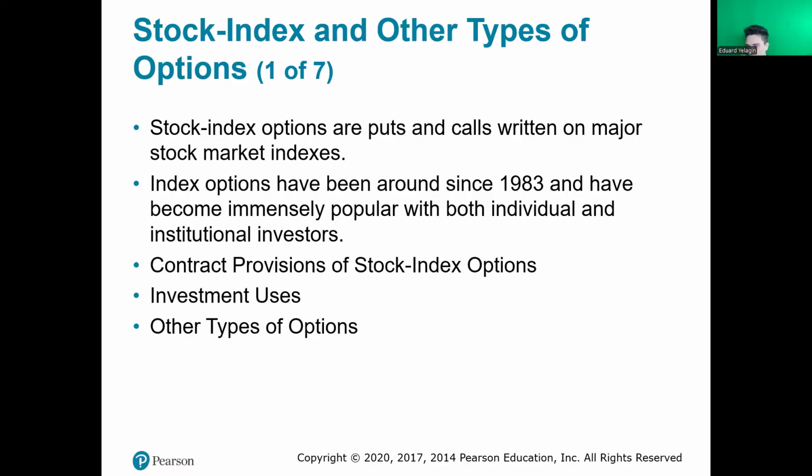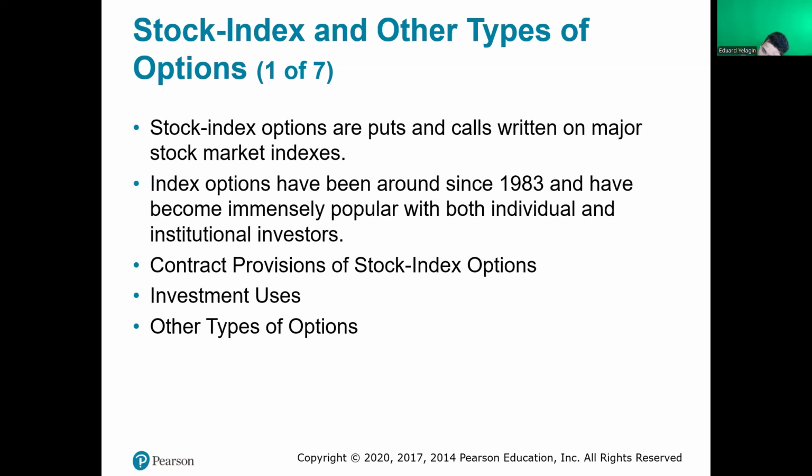An index option works just like a stock option. You can buy calls if you expect the market to rise, or puts if you expect it to fall. The difference is that instead of receiving or delivering shares, index options are typically cash settled based on the level of the index at expiration.